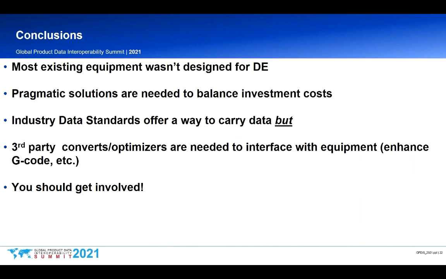But it's all about balancing that investment cost as we march towards realizing the full digital enterprise. Industry data standards offer a way to carry the data, and they carry it very well through our system of systems. They do not carry the data very well into our robotics and our machining, because the machining just doesn't talk that same language.